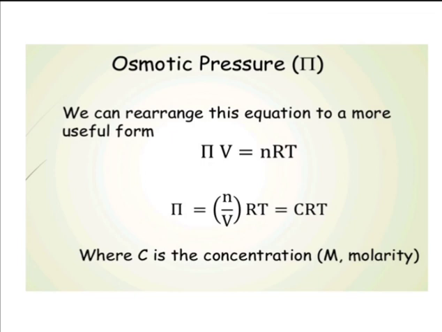So simply, pi is equal to CRT. This is our equation to find the osmotic pressure, and you can use it to solve problems or find the osmotic pressure exerted by the solution. The concentration will be the molar concentration, that is, a molar solution.